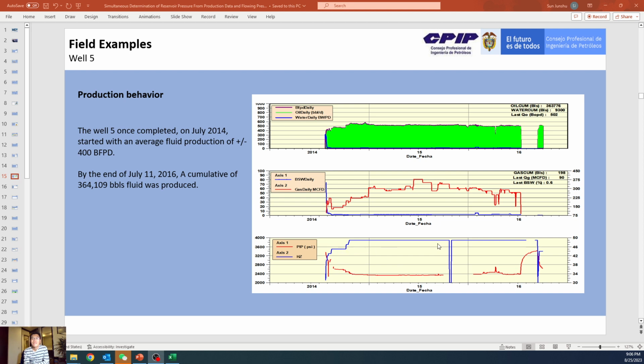The blue line is the ESP frequency. So during this period from 2014 to 2016, both the flowing rate and the frequency kept quite stable.